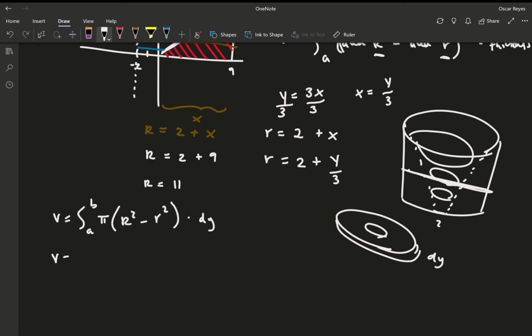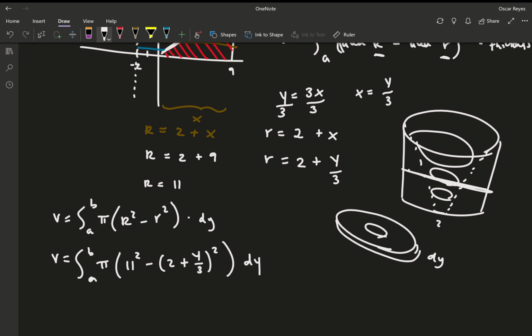So our volume is equal to the integral from a to b of pi times our big radius 11 squared minus 2 plus y over 3 squared dy.